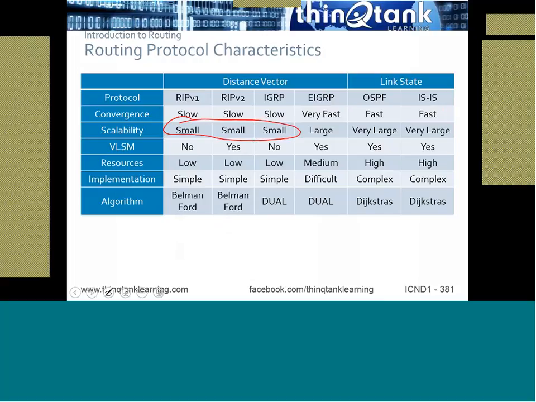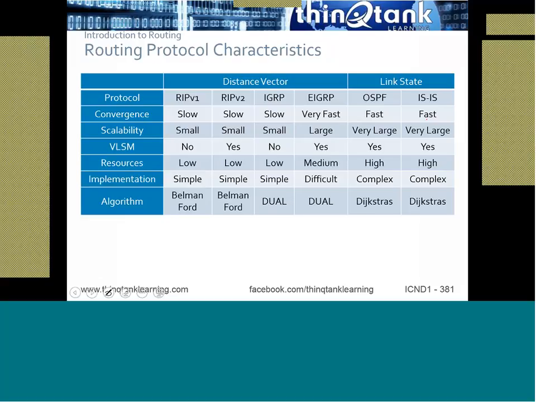What does scalability mean? How many destinations can I support? How many routes can I support? What is the density of the network? And so on. The legacy protocols tend to work very well in much smaller environments. As you can see, OSPF, ISIS, those scale to very, very large environments.